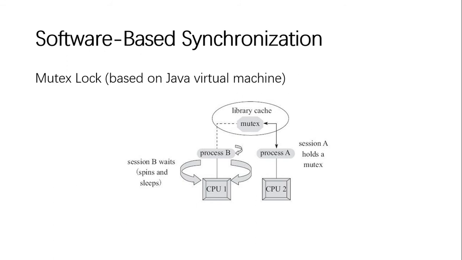In this lock, the first step is that the process will apply for the mutex, just like process A and process B. If it succeeds, it will hold this mutex, just like process A. But if the process fails, it will spin, waiting for the mutex, and continue to apply for the mutex until it gets it.